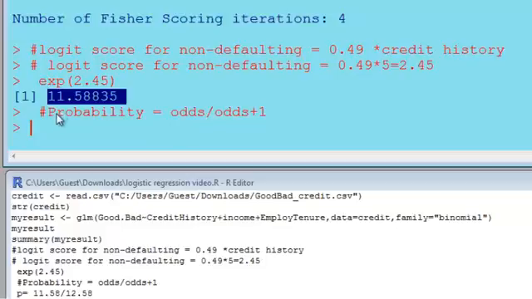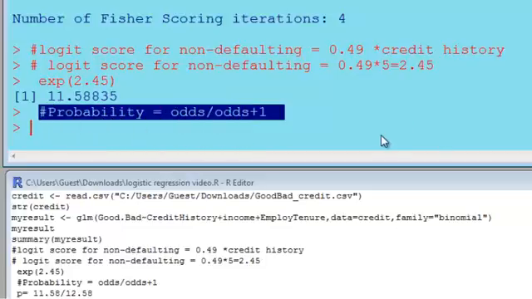From the odds value, we can also calculate the probabilities, but we have to do a little more calculation. Recall that we calculate probability from odds by dividing odds by odds plus 1.